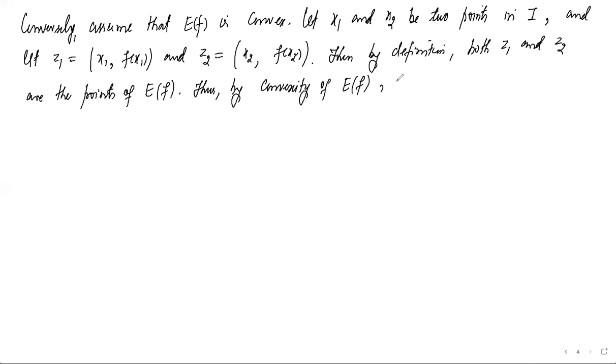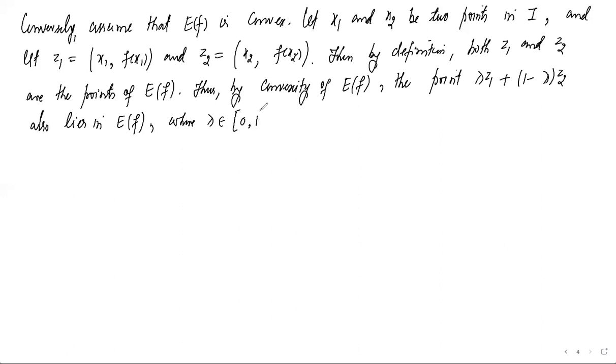So the point lambda z1 plus 1 minus lambda z2 also lies in E of f, where lambda is a real number which varies in the interval 0 to 1.